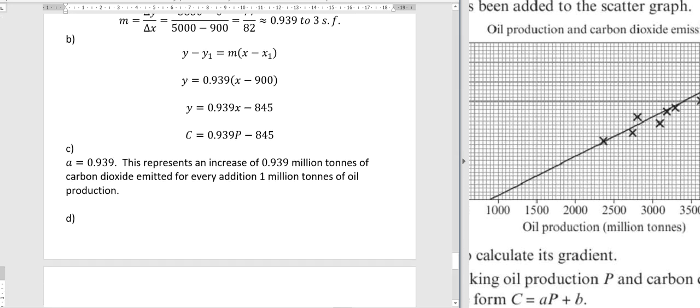So we're saying B represents, let's include our value of B so we know exactly what we're talking about, minus 845.